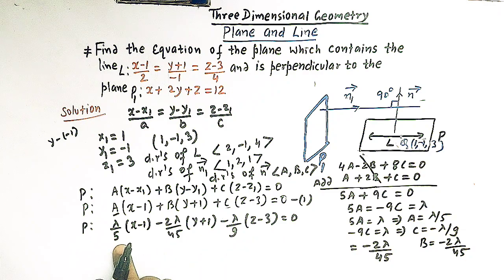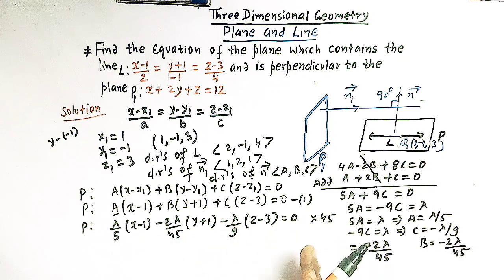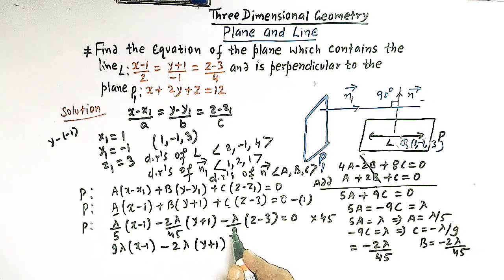Let us multiply throughout by 45. Multiplying this equation on both sides by 45, here we have 9 lambda times x minus 1, then minus 2 lambda times y plus 1, and minus 5 lambda times z minus 3 is equal to 0.